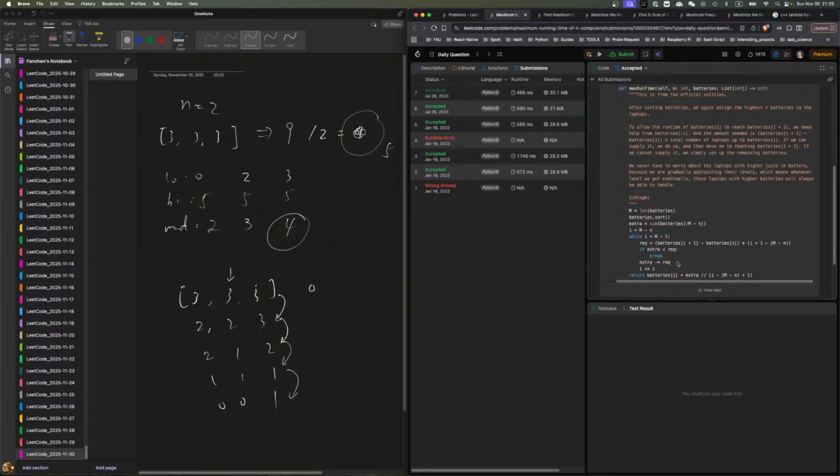There's a difference of the battery, total number of laptops up to battery I. I don't understand this part. I don't understand at all.